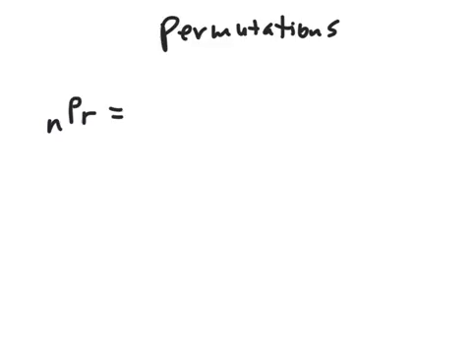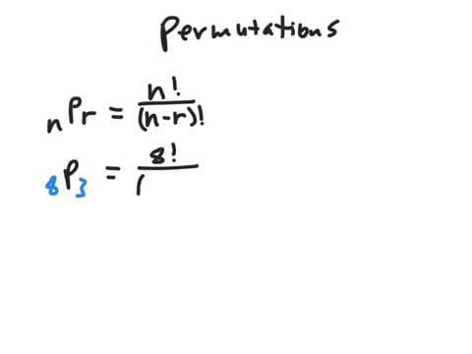nPr is going to equal n factorial over (n minus r) factorial. So in the case of the beauty pageant, we had 8 girls, and we were going to choose 3 of them. That would give us 8 factorial over (8 minus 3) factorial.